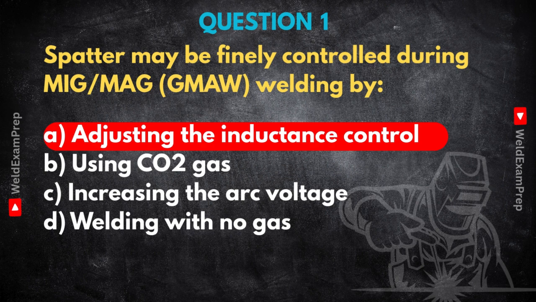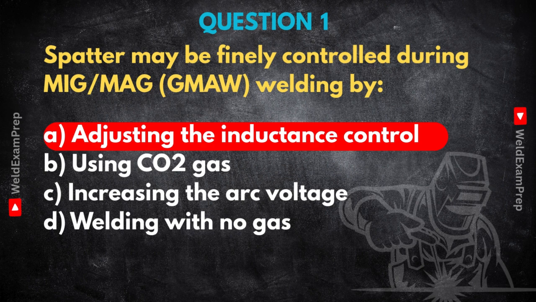So, if inductance offers that kind of surgical control, what if an inspector sees loads of spatter during a visual check? What's the immediate red flag beyond just looking messy, and where should their mind go first regarding the settings? That's an excellent question. Beyond just being messy, excessive spatter is a big signal.